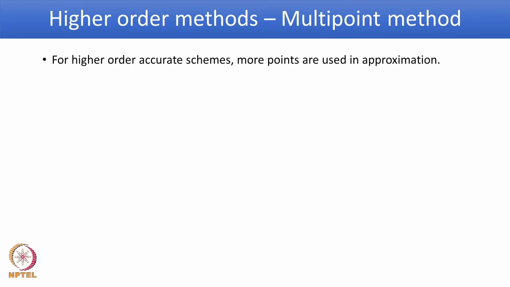So, we have seen a 2 level method. For a 2 level method, the highest possible accuracy is second order. The question now is whether it is possible to devise a scheme to have higher order accuracy even for the time derivative term.